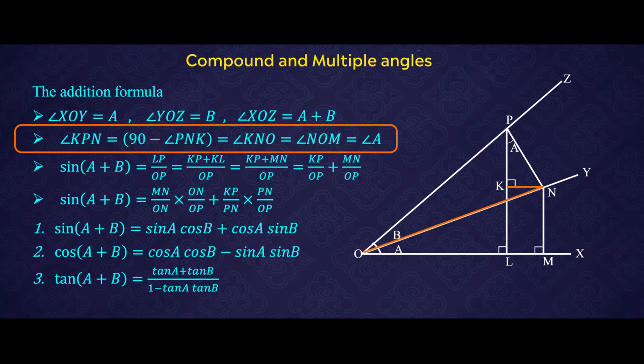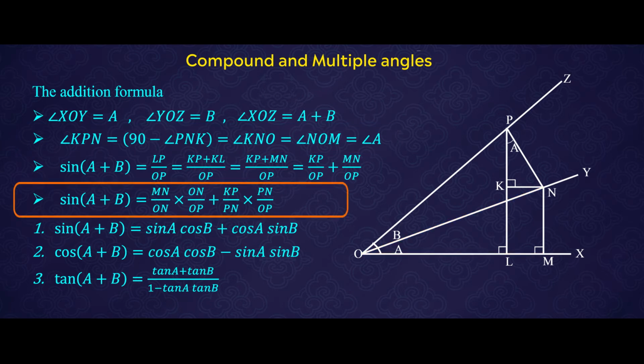So this angle KNO will be equal to angle NOM, which will be equal to A. So angle KPN, KNO, and NOM will be equal to A.